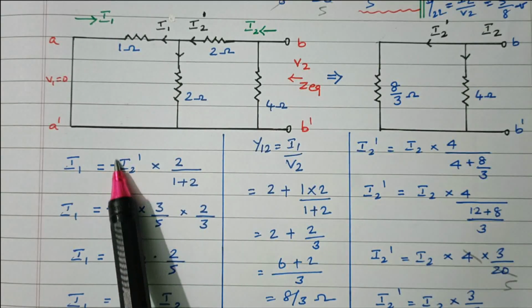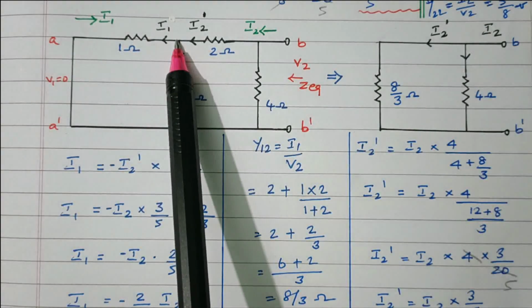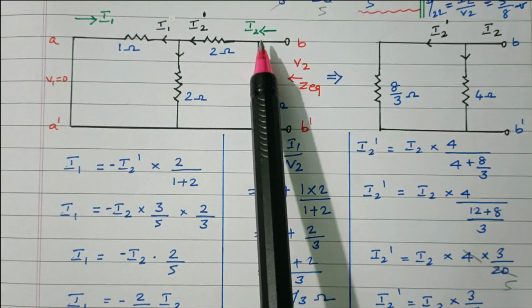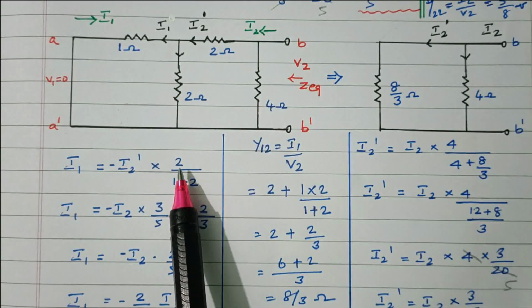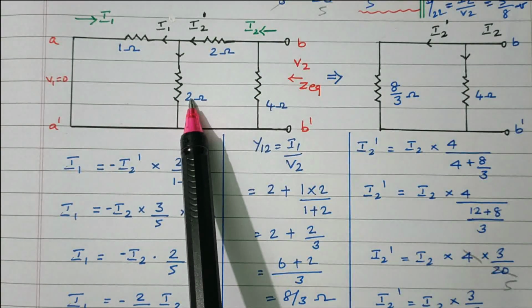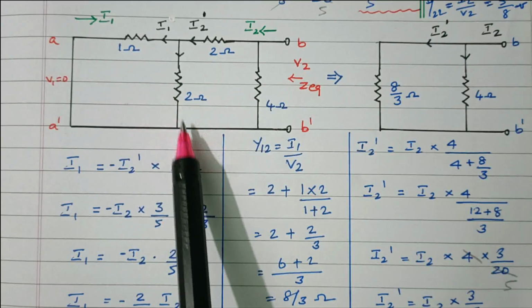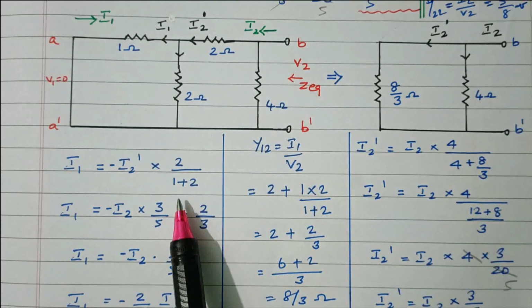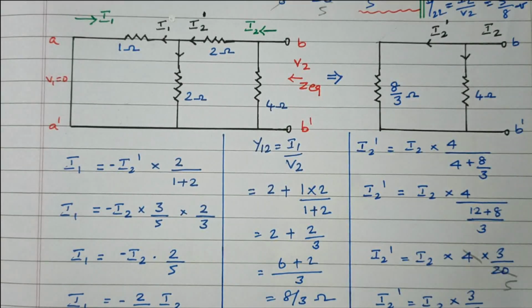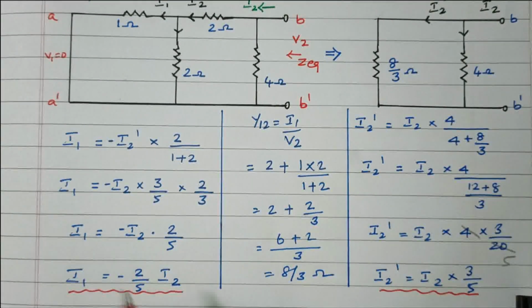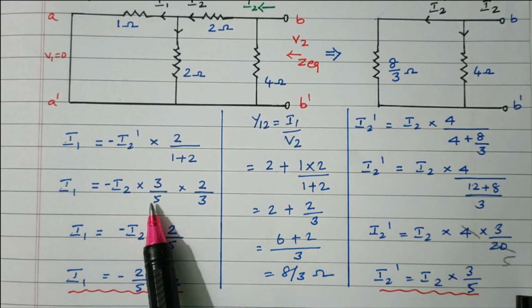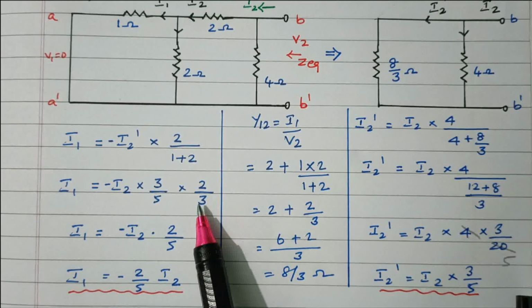I2 is the total current at this point. The opposite side resistance is 2 ohm. What we need is the current flowing through the 1 ohm, so it is the other branch resistance 2 divided by the total resistance. So it is minus I2 dash into 2 by 3.